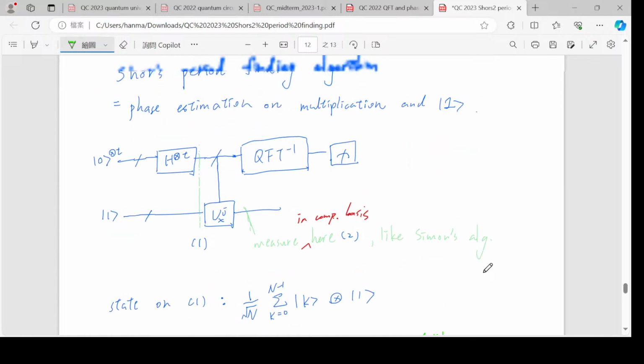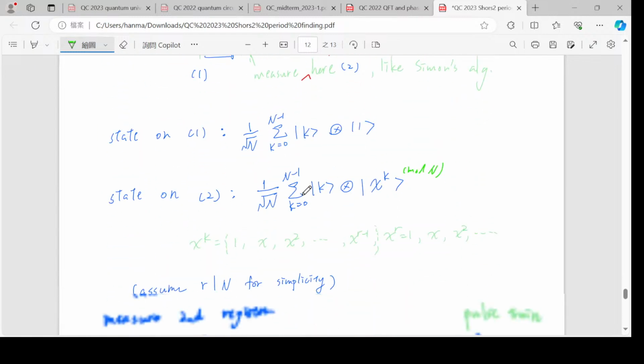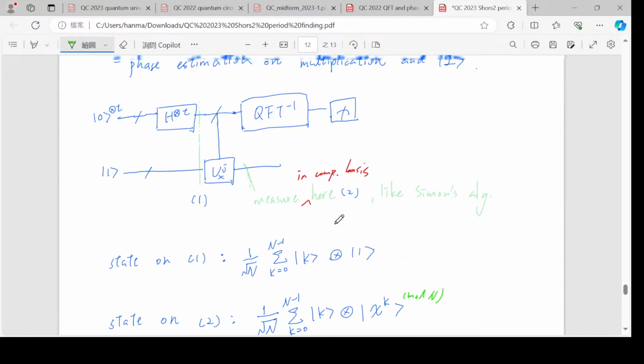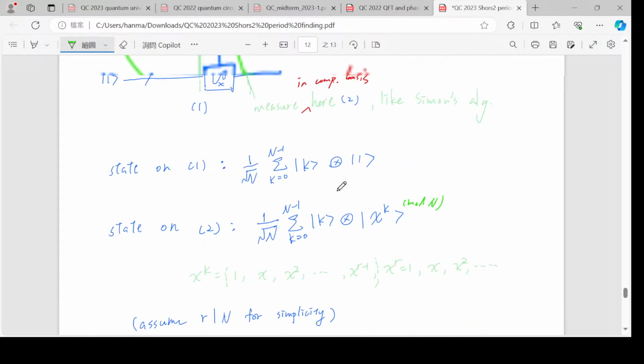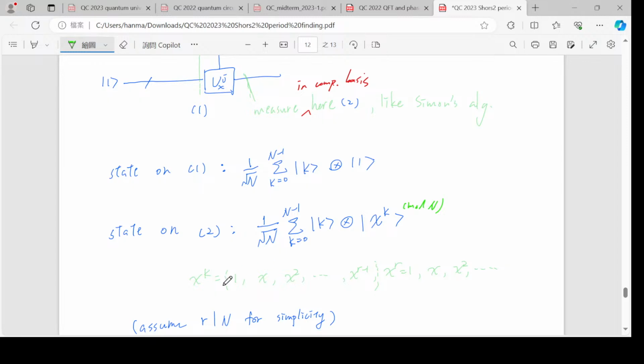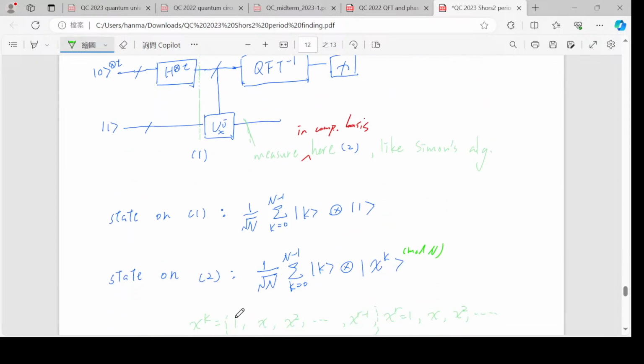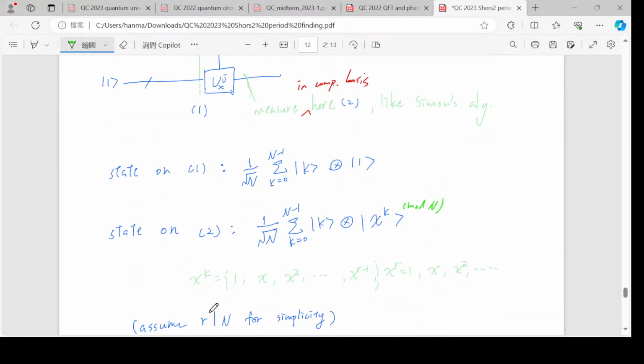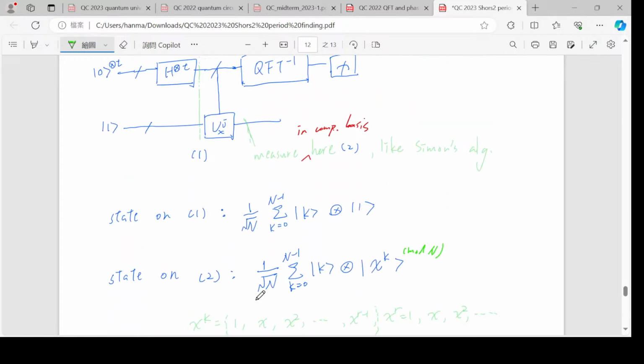Now it's actually a bit complicated because of the error, so we want to assume something just to make the notation a lot nicer. We assume n is a multiple of r. Why?